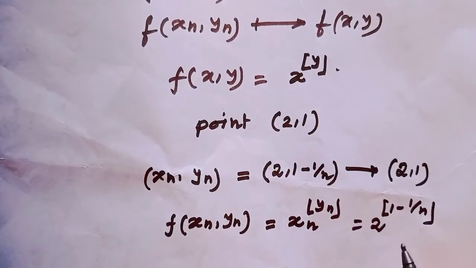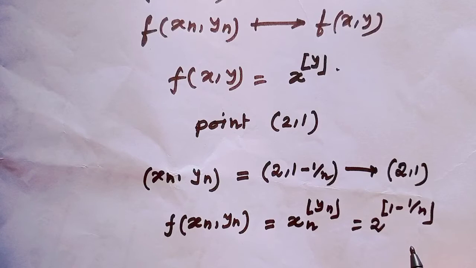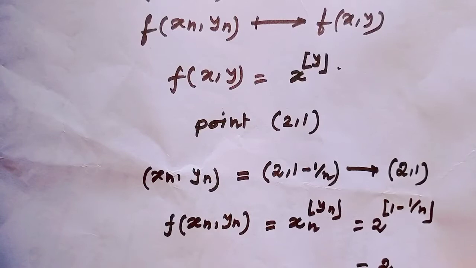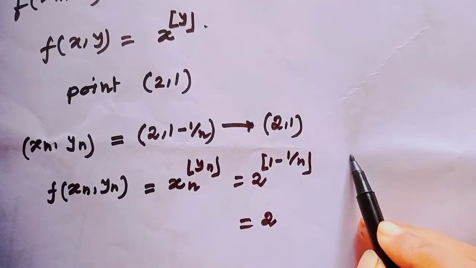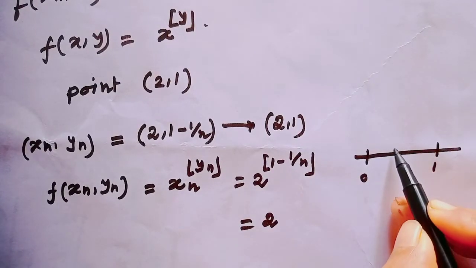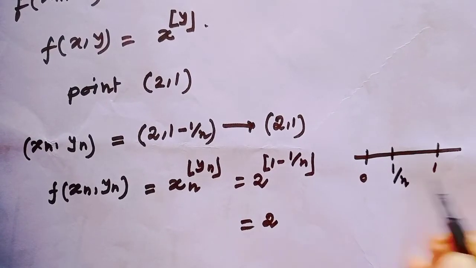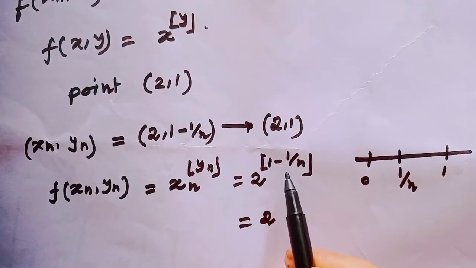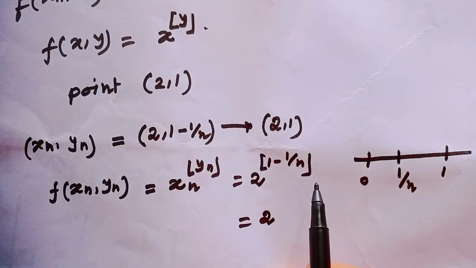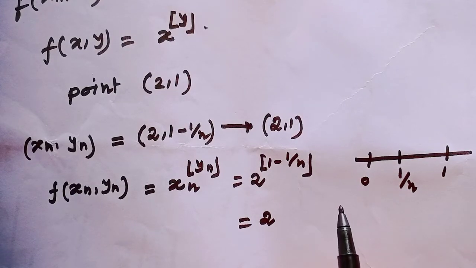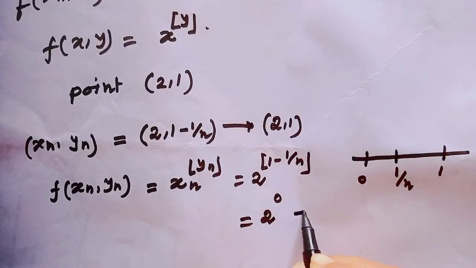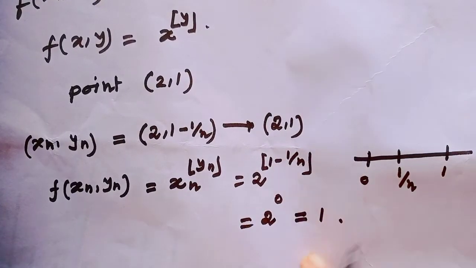By the rules of greatest integer, just think of the picture: here 0, here 1, and here would be 1 over n, and here denoted box of 1 minus 1 over n. That means this greatest integer value would be 0. So this is equal to 1.